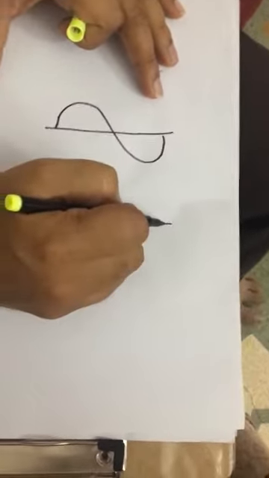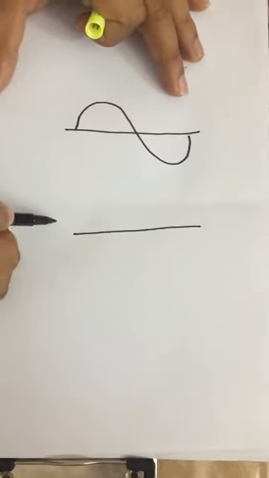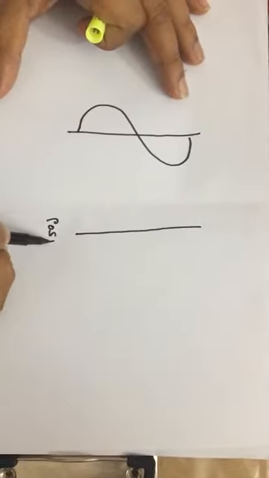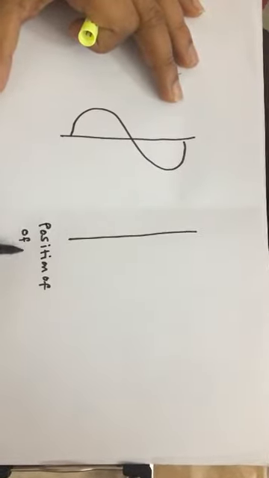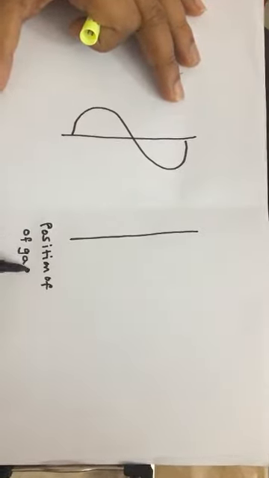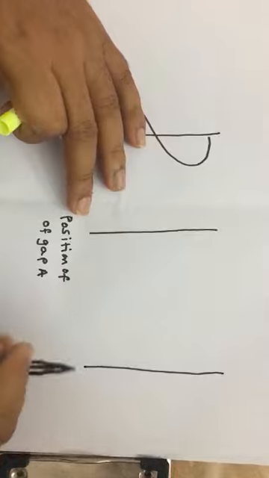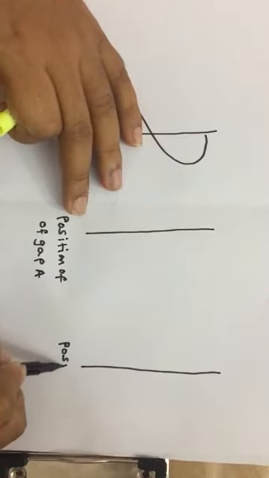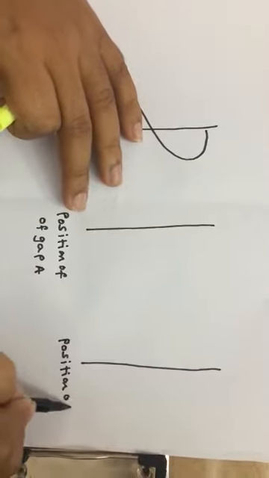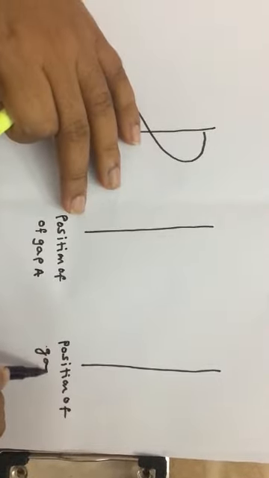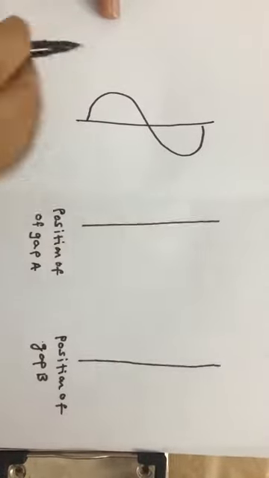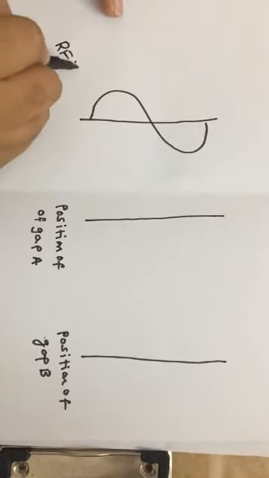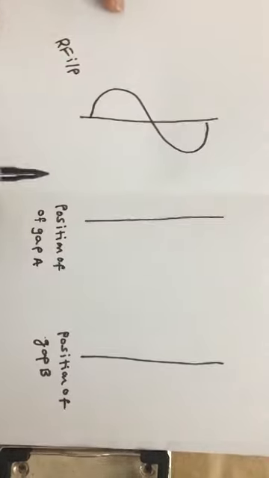Assume this is the position of gap A. Assume this is the position of gap B, that means the output cavity gap, the position at the output cavity. This is the RF input signal applied to the input cavity.